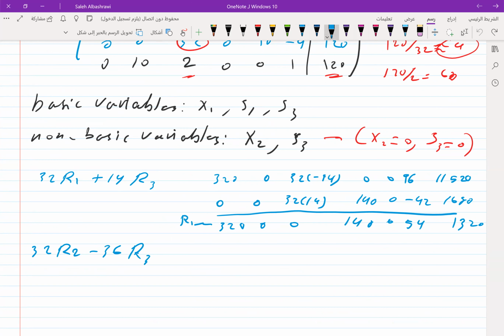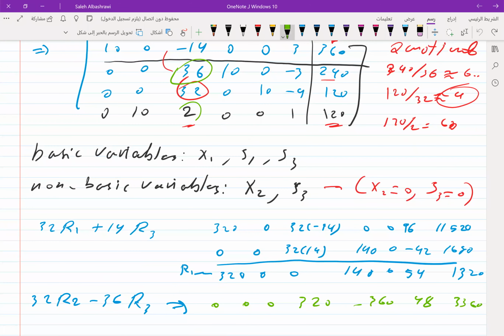Doing the same thing, the result for this one is 0, 0, 0, 320, minus 360, 48, and 3,360.